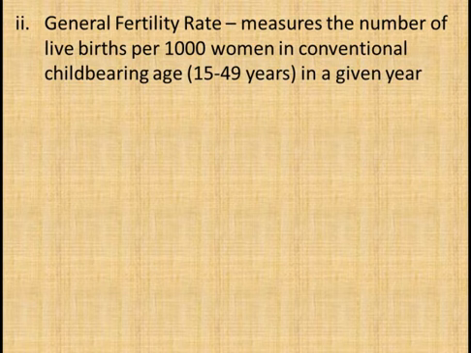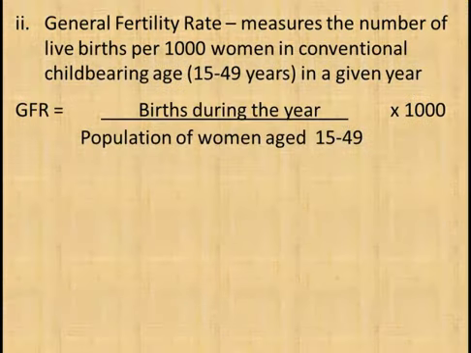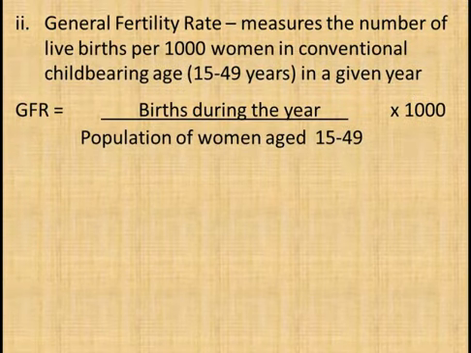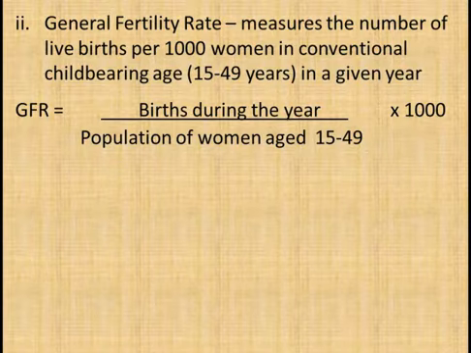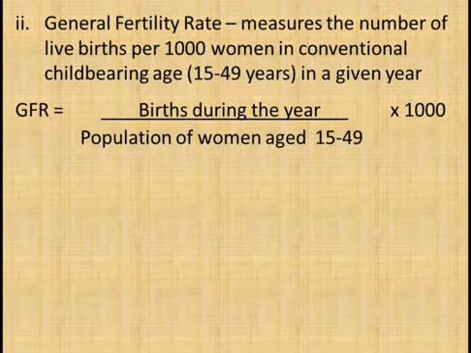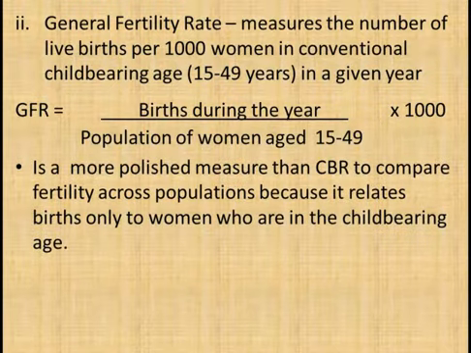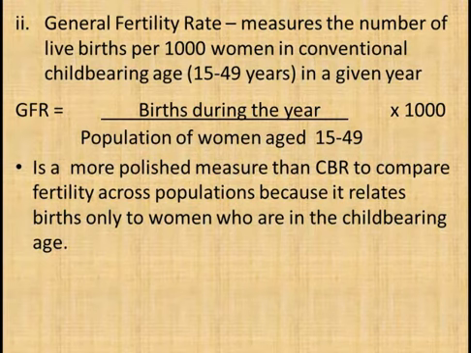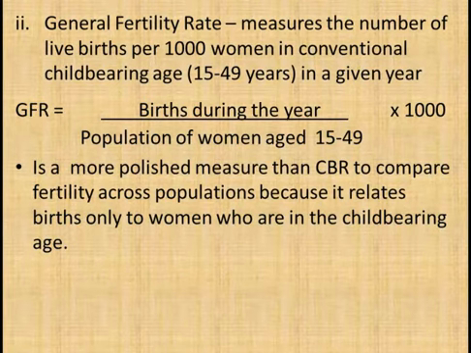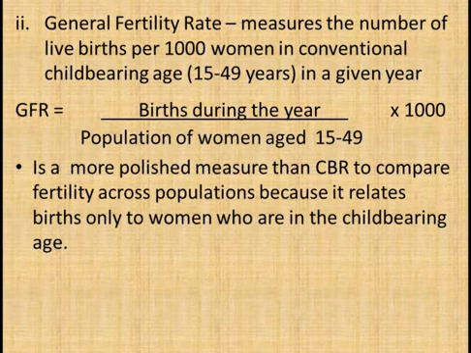And as a formula, we can have general fertility rate as births during the year divided by population of women aged 15 to 49 times 1,000. General fertility rate is a more polished measure than the crude birth rate to compare fertility across populations, because the general fertility rate relates births only to women who are in the childbearing age.